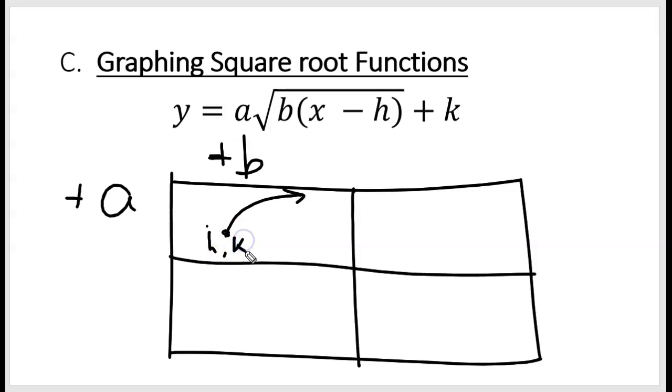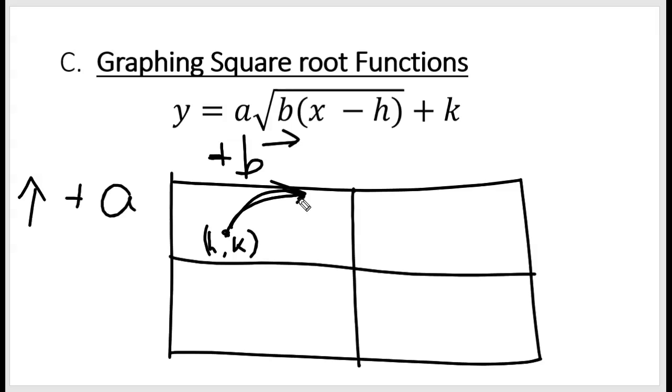The starting point is this left-handed little dot where it starts. And that would be the H and K value. So whatever H and K are, those are the values that make up your starting point, which is the end point of that arrow there. Now, if it's a positive A, the graph goes in an upward direction, and if it's a positive B, it goes in a rightward direction. So as you guys can see, this one is curving up and to the right.